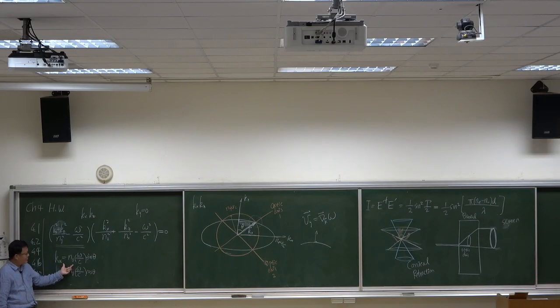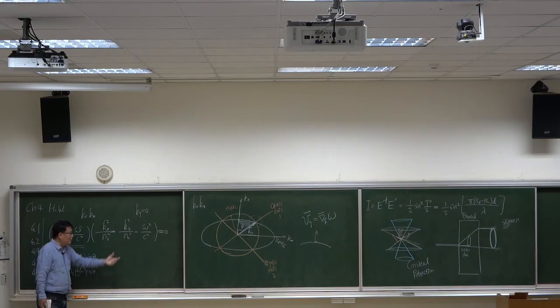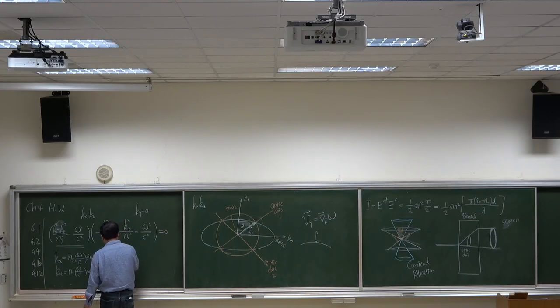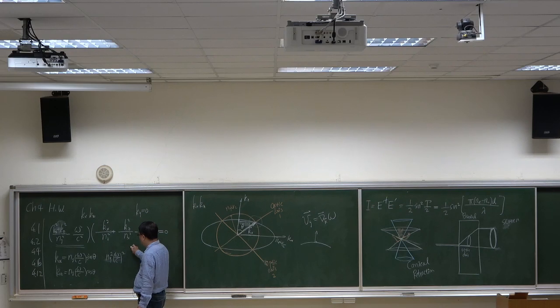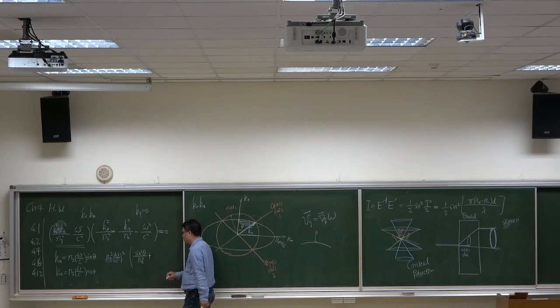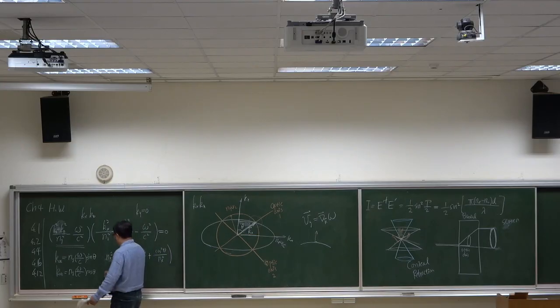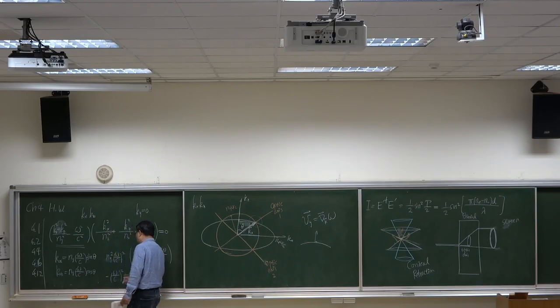If we substitute this and this into this equation, we see that we have ny squared times (omega over c) squared times (sine squared theta over nz squared plus cosine squared theta over nx squared) minus (omega over c) squared equal to 0.